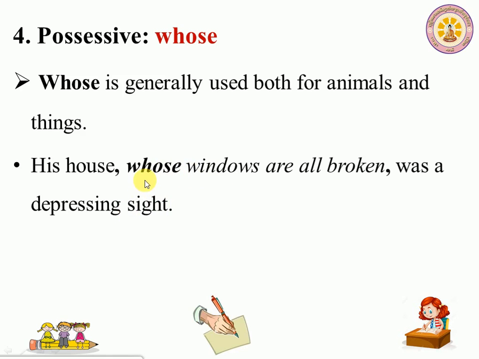So whose here replaces the possessive of the house. Whose windows means the windows of the house, or its windows. Whose is the relative pronoun used to replace the possession.